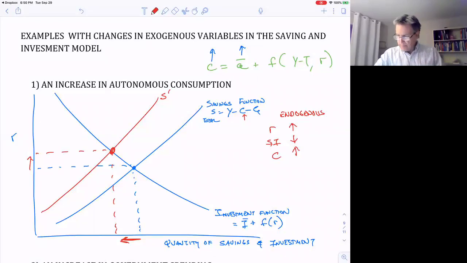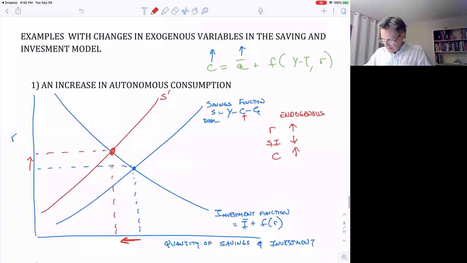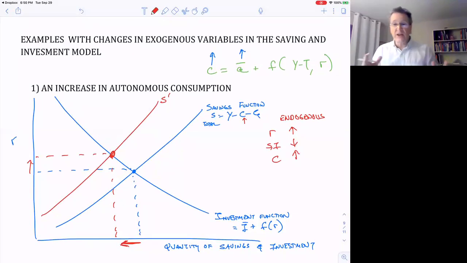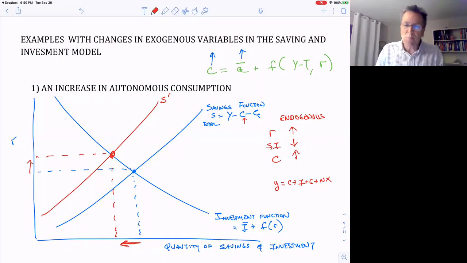Now this is what happens in the long run in this model, because this is a long run model. In the short run, something different might happen. You know, in the short run, we know that Y equals C plus I plus G plus NX, total expenditures. In the short run, if total expenditures go up, output will go up too.